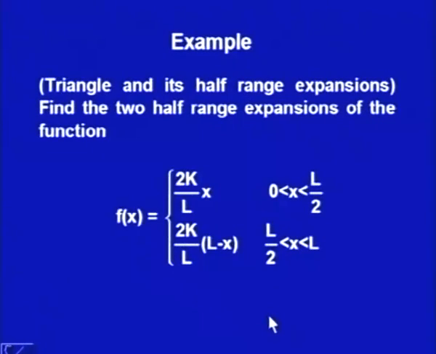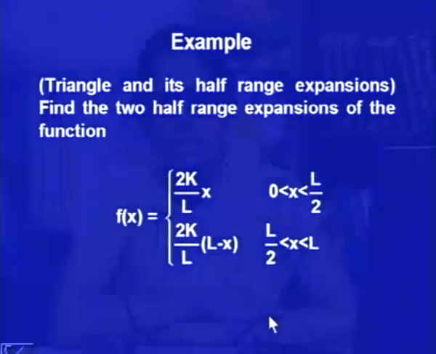What is the meaning of this half range expansion? We have learned that if the function is defined only on 0 to L, we will use the function only on 0 to L, but we will find either a cosine series or a sine series.